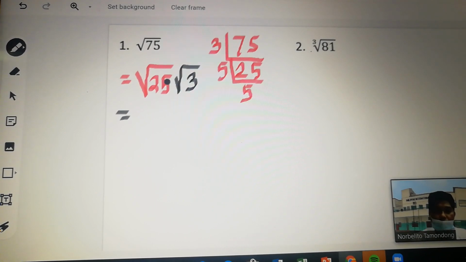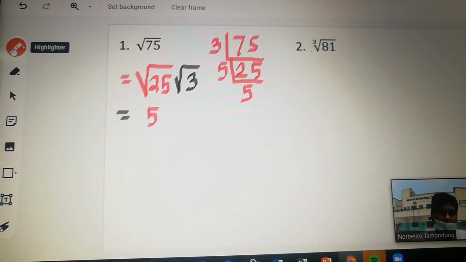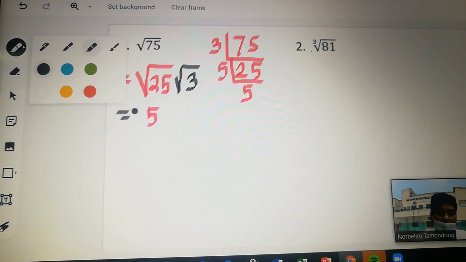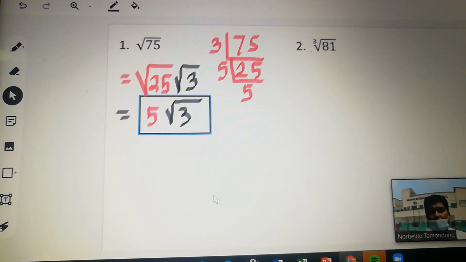So what is square root of 25? That is equal to 5. Then just copy square root of 3. So this is now your simplified form of square root of 75. So 5 square root of 3.